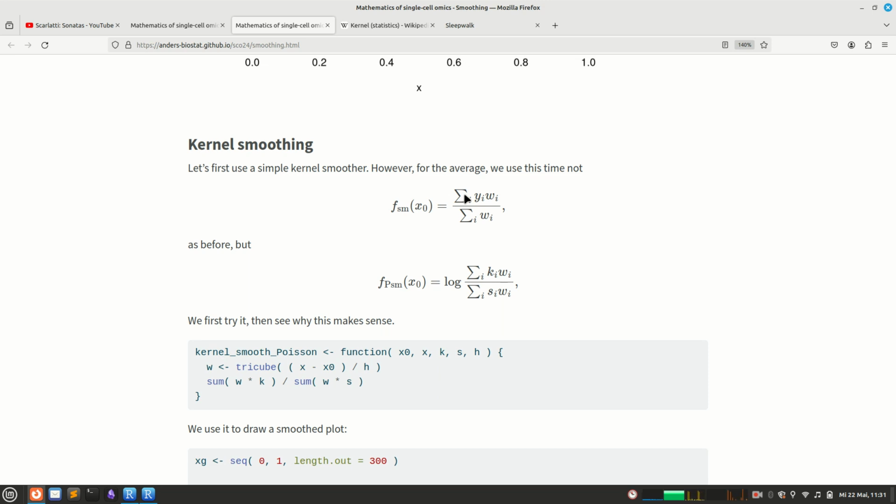So the wi stays at the bottom here, and here you have vi wi. Then you try to find what values you have to use for the wi's to minimize this.